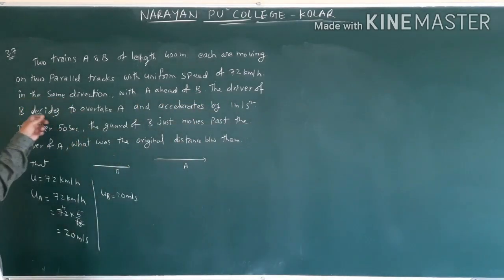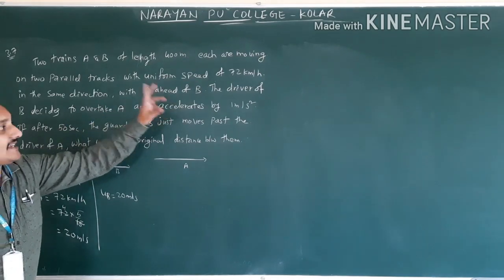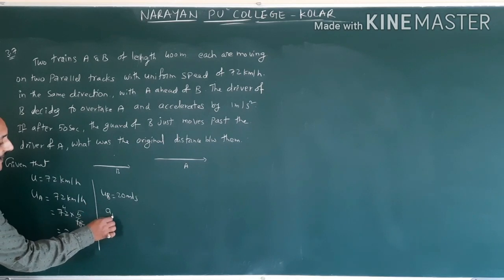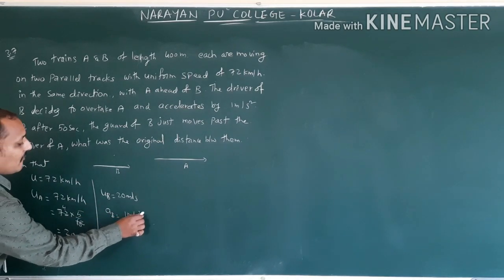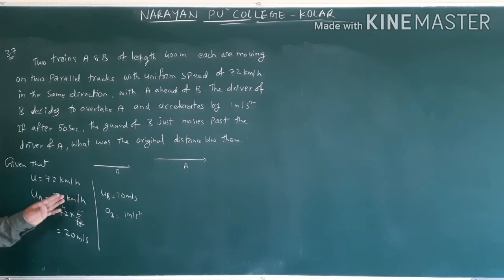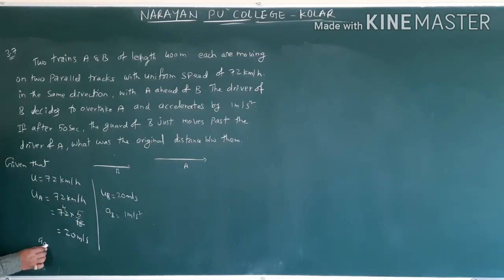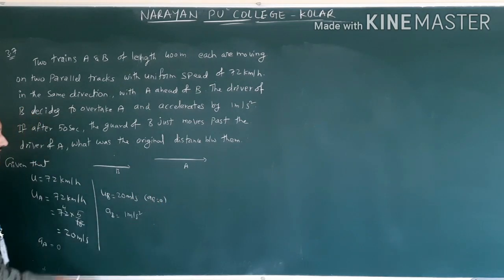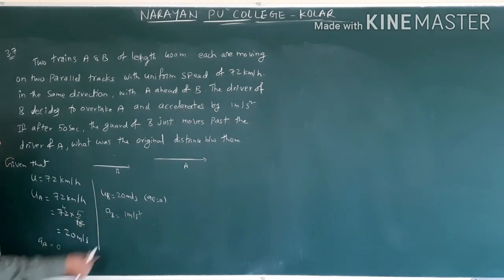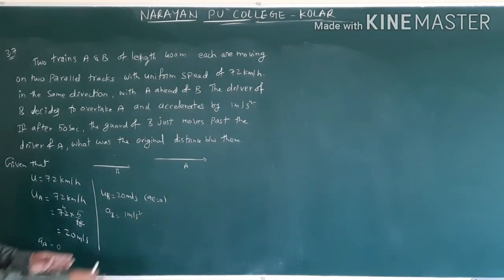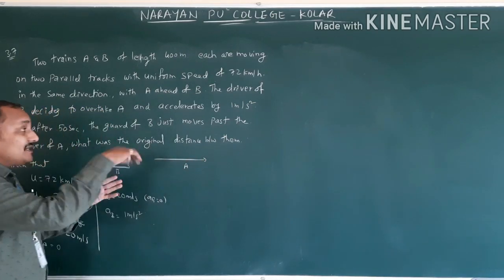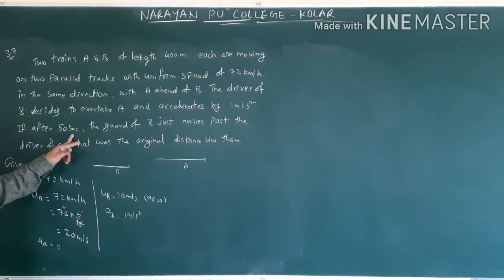So the driver of B decides to overtake A and accelerates by 1 meter per second square. Now the initial acceleration of A is 0, and the acceleration of B is also 0. After some time the acceleration of B is 1 meter per second square. Now A will move some amount of distance in how much time? After 50 seconds they ask.